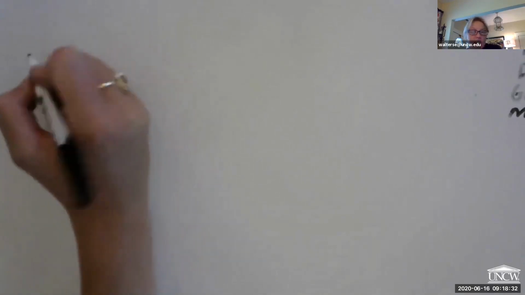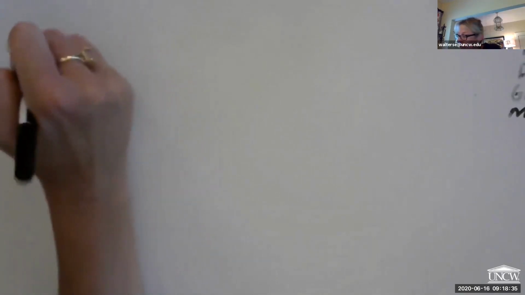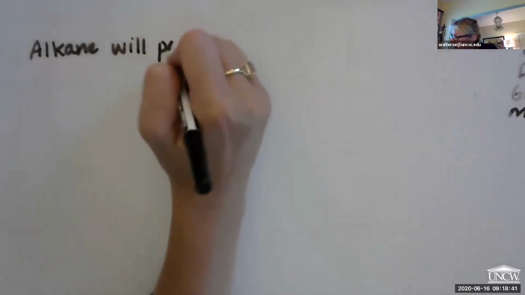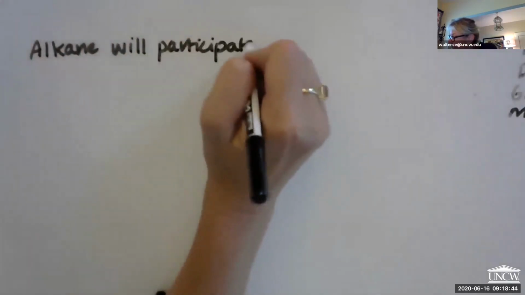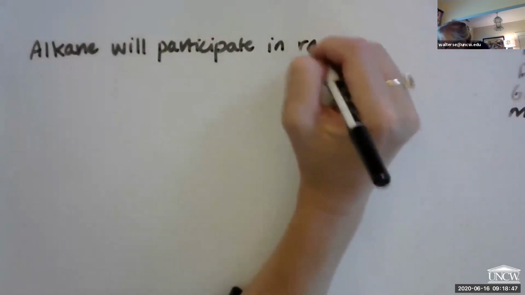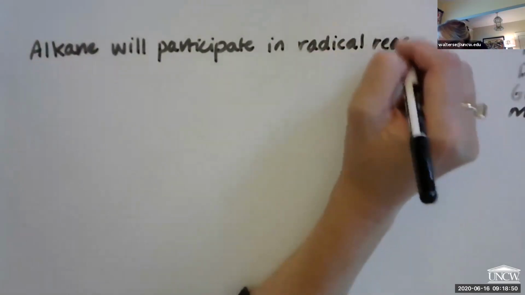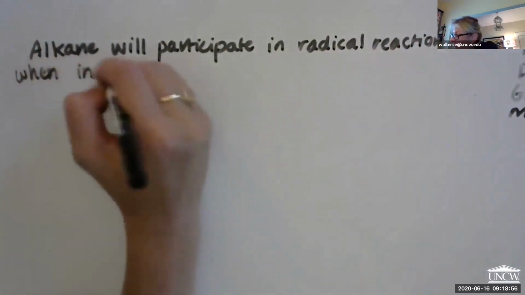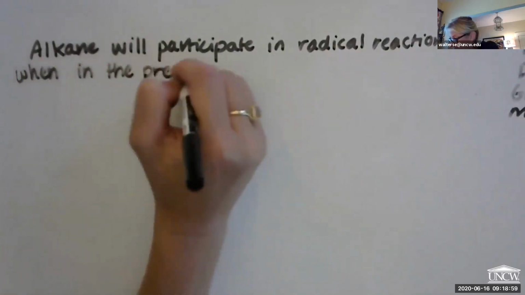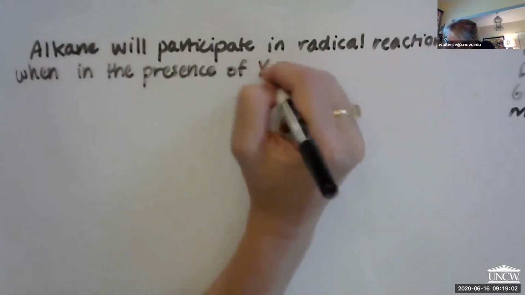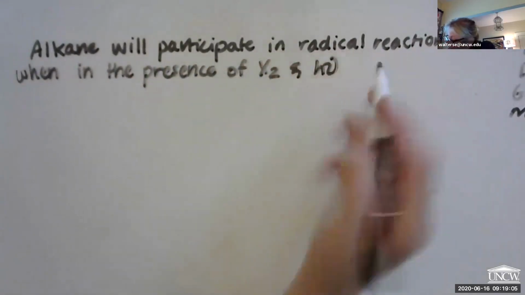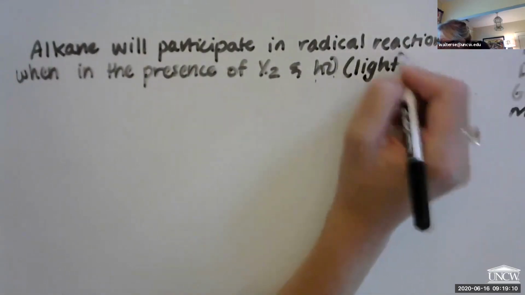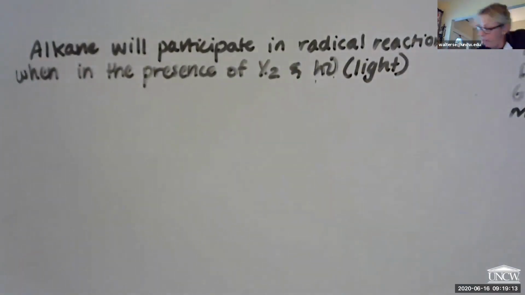But one of the things that alkanes will do is participate in radical reactions when in the presence of X2 and h nu, so Planck's constant times the frequency, and that just means light. So in the presence of light, alkanes will participate in radical reactions.